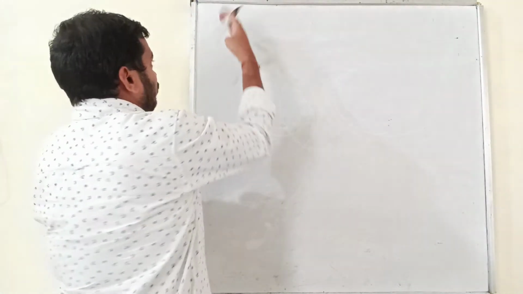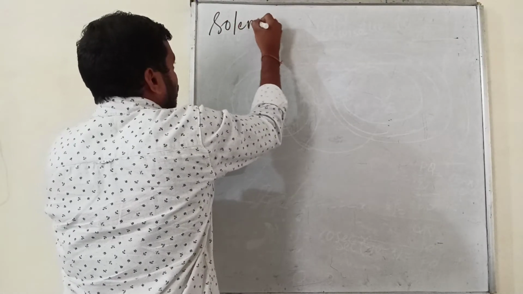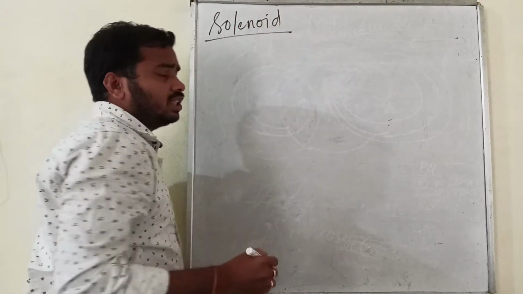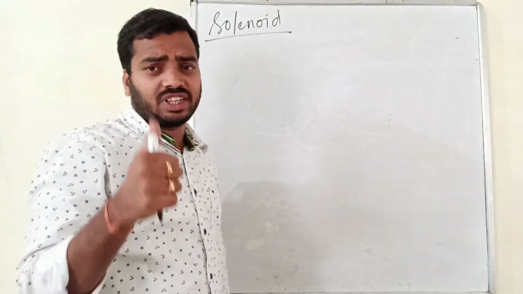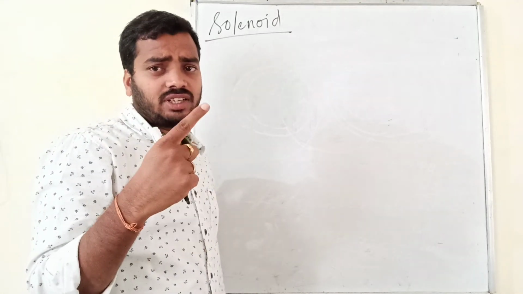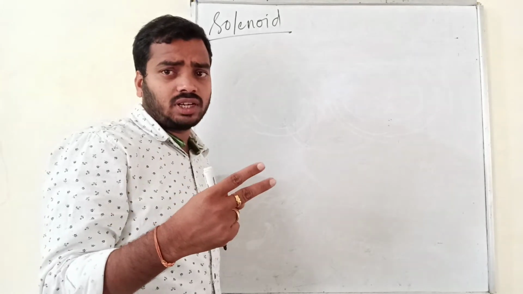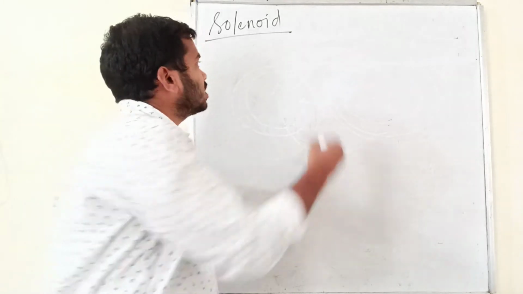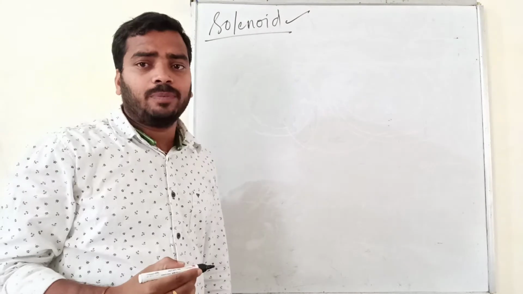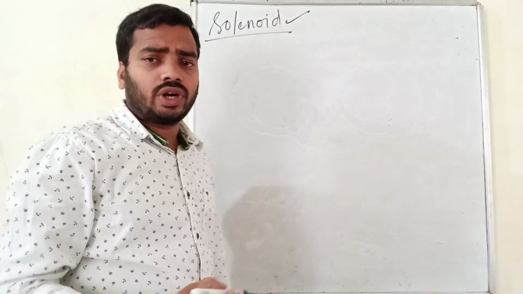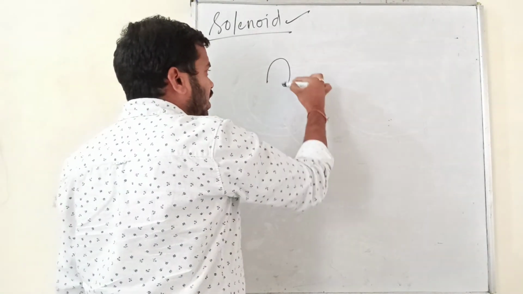Till now we have discussed two cases. The first is the straight current carrying conductor, and the next is the circular current carrying loop. Now we are going to discuss the solenoid. So what do you mean by solenoid? A solenoid is nothing but a spring-like shape.